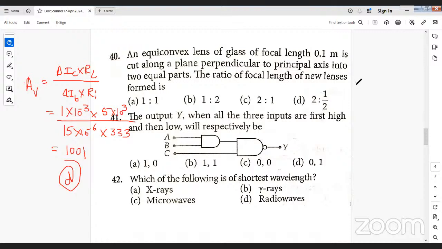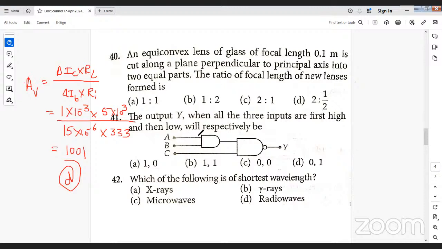In the output Y, when all the 3 inputs are first high and then low, will respectively be. So first 3 high and next 3 low. The options are 1,0; 1,1; 0,0; 1,0,1. So first, what they are saying, first all are high.